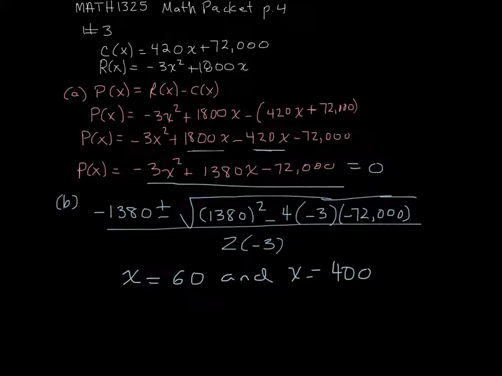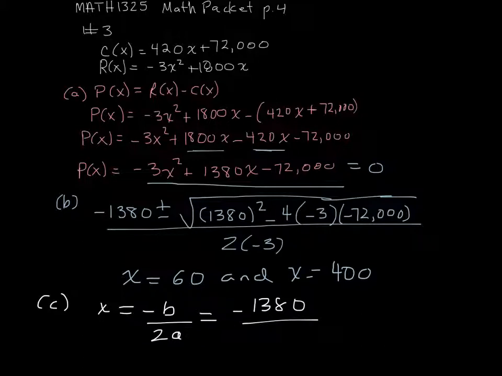Part C wants to find the number of bicycles that will maximize the profit. Well, if I'm looking for a max on part C, I'm going to look at the top of that vertex, which that's the formula, the minus b over 2a. And I'm going to get minus 1380 is my b over 2a, and my a is negative 3.